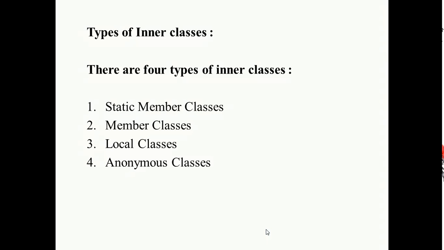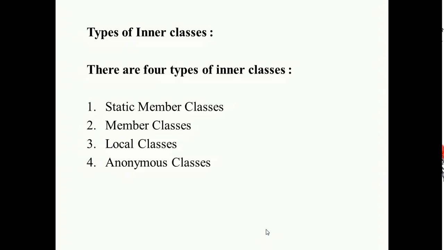The anonymous class is created for 3 situations. First is when the class has a very short body. Second is when only one instance of the class is needed, and third is when the class is used immediately after defining it. These are the situations where the anonymous class is used.